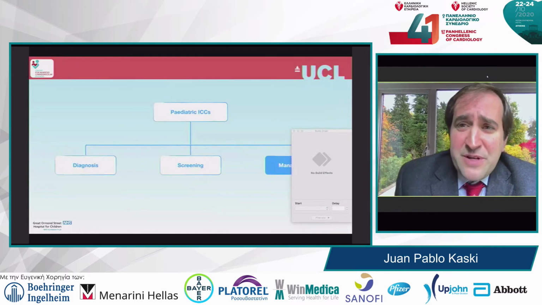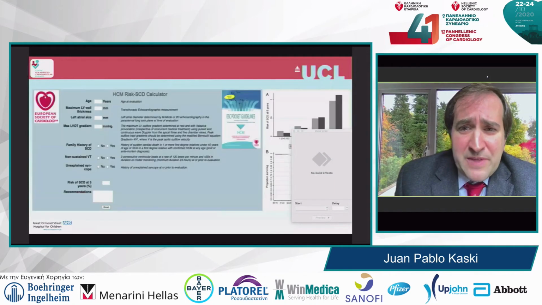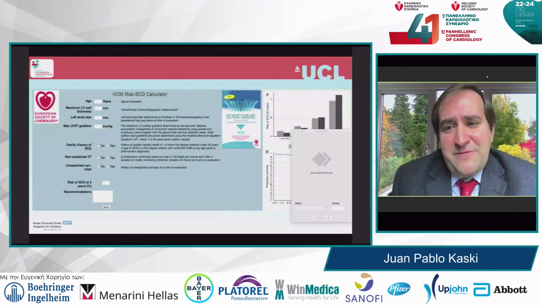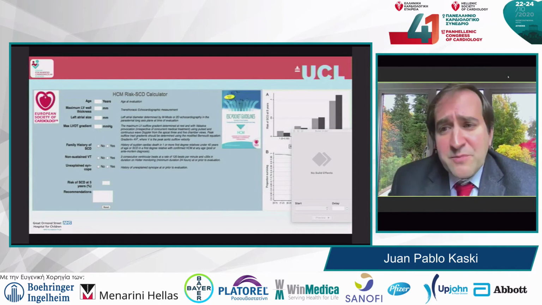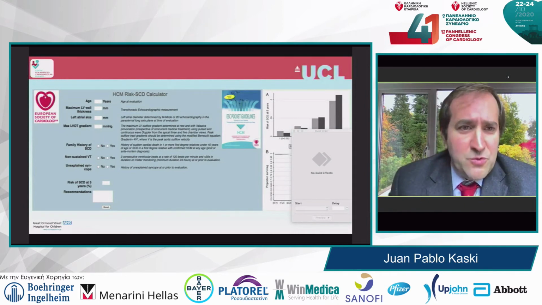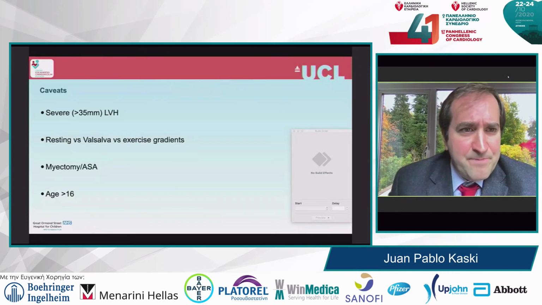So then just very briefly moving on to management, and in particular risk stratification. So you'll know that particularly for hypertrophic cardiomyopathy, there are really well-established risk stratification models, risk prediction models that we can use to give an individualized estimate of risk of sudden cardiac death.